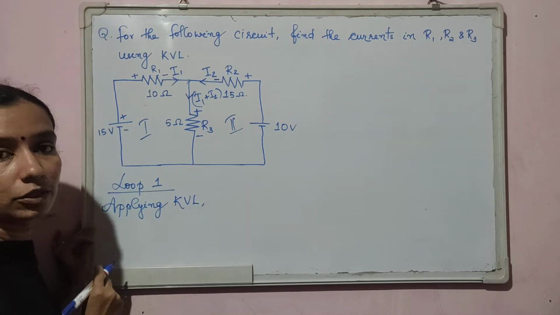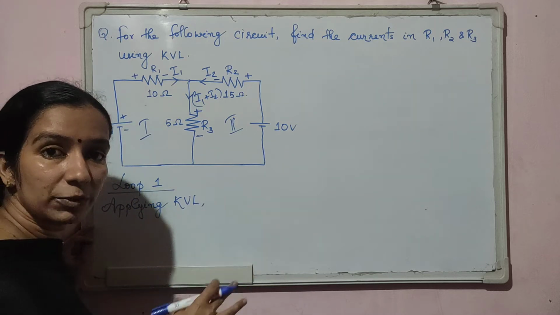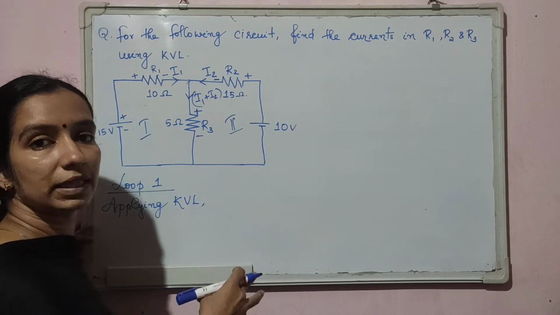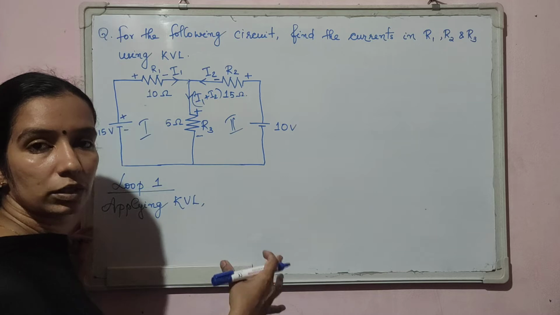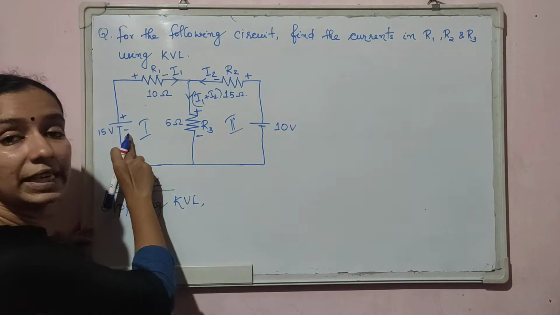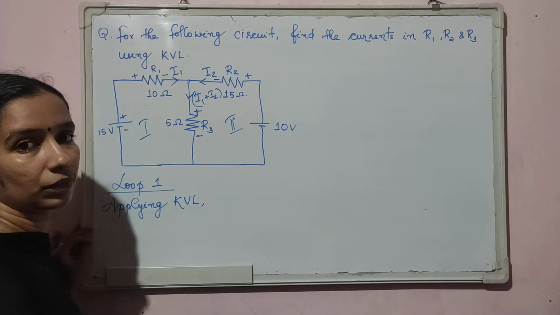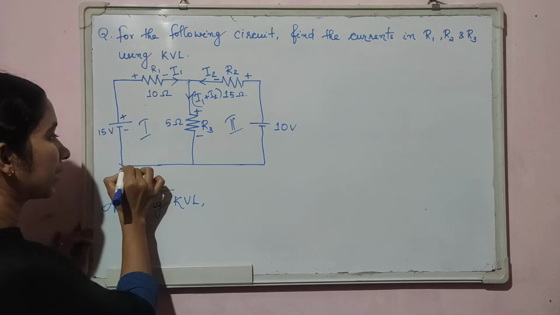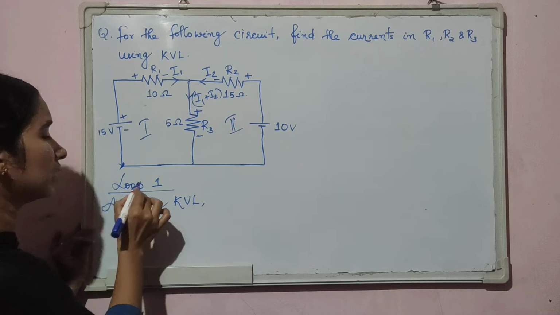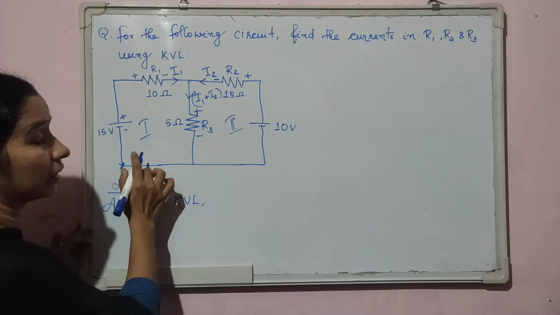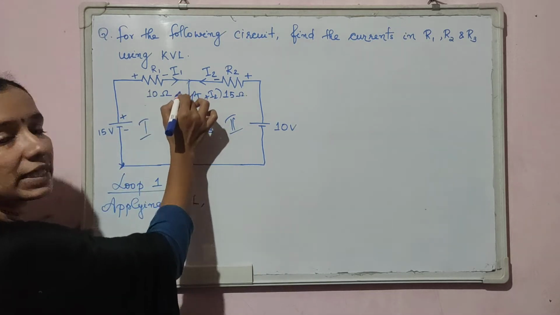According to KVL, the algebraic sum of all the voltages in a closed mesh is 0. All the voltages means there will be the EMF of the battery and the voltage drop across resistors. We have to trace the circuit in a particular direction. Let us start from here and move in the clockwise direction.